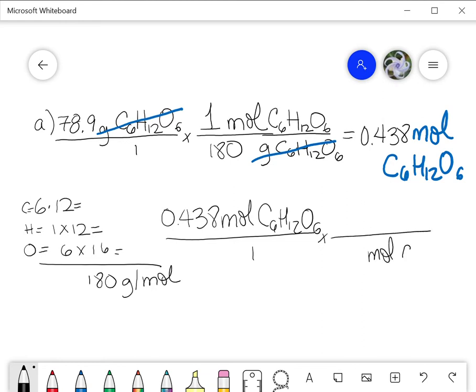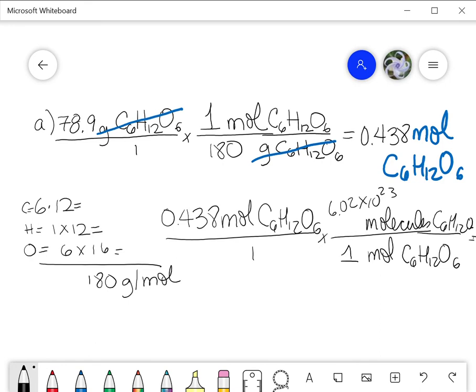So remember, there's no abbreviation for molecule, so you have to write it out. I need to know that for every 1 mole of glucose, I have an Avogadro's number of molecules.